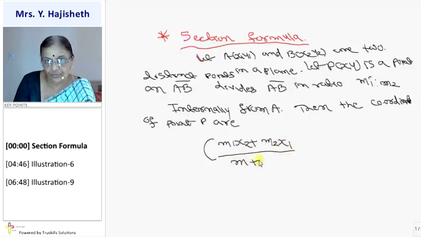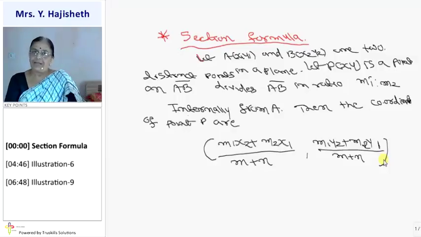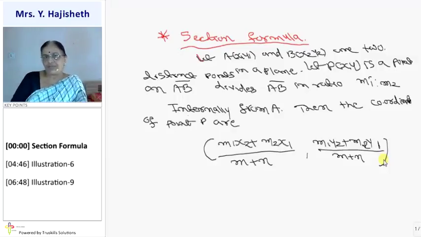This is the x coordinate of P. And y coordinate is (m1y2 plus m2y1) upon (m plus n). Cross multiplication: (m1x2 plus m2x1) upon (m plus n), comma, (m1y2 plus m2y1) upon (m plus n).